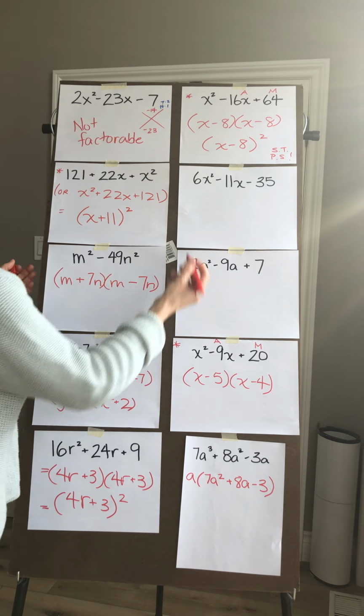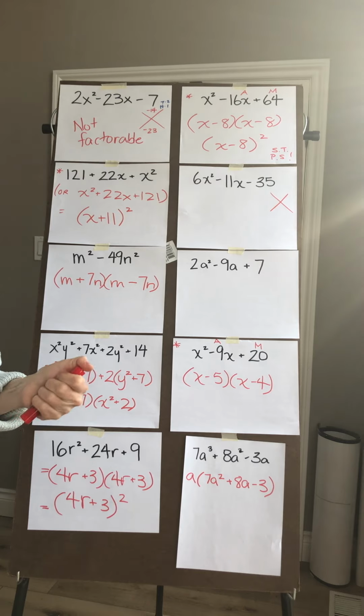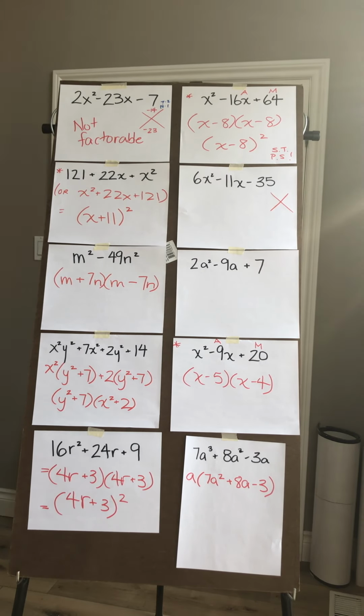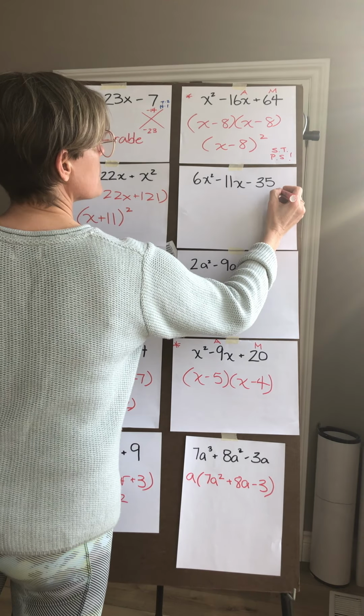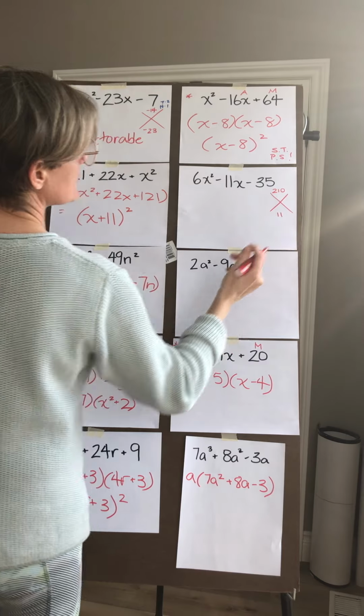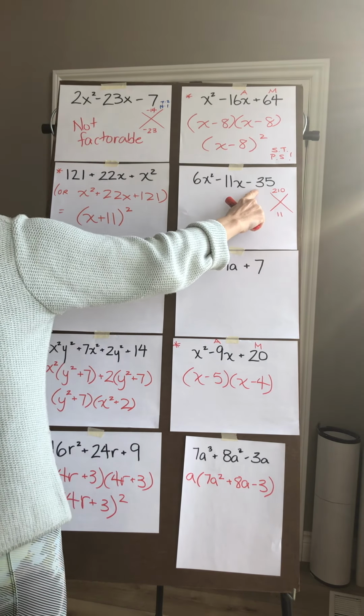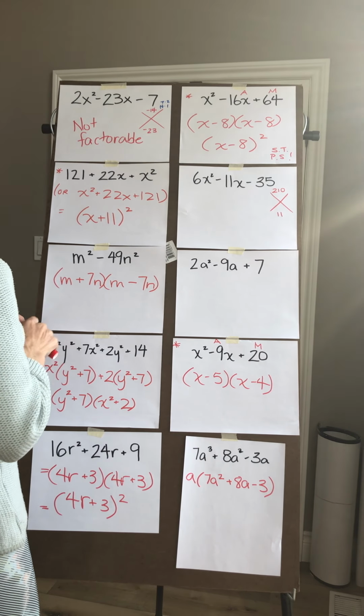All right, wow, so this one's going to be massive. What is 6 times 35? Again, I do not have a calculator on me, so I am going to be doing the long division here. So it's 210. So, can you think of something that multiplies to 210 and adds to 11? One has to be positive, and one has to be negative, because we've got this negative sign at the end.